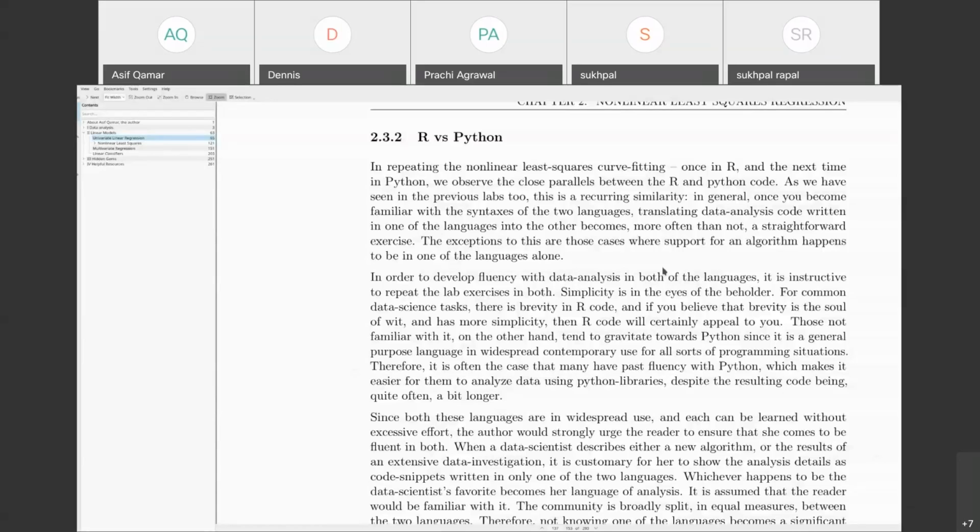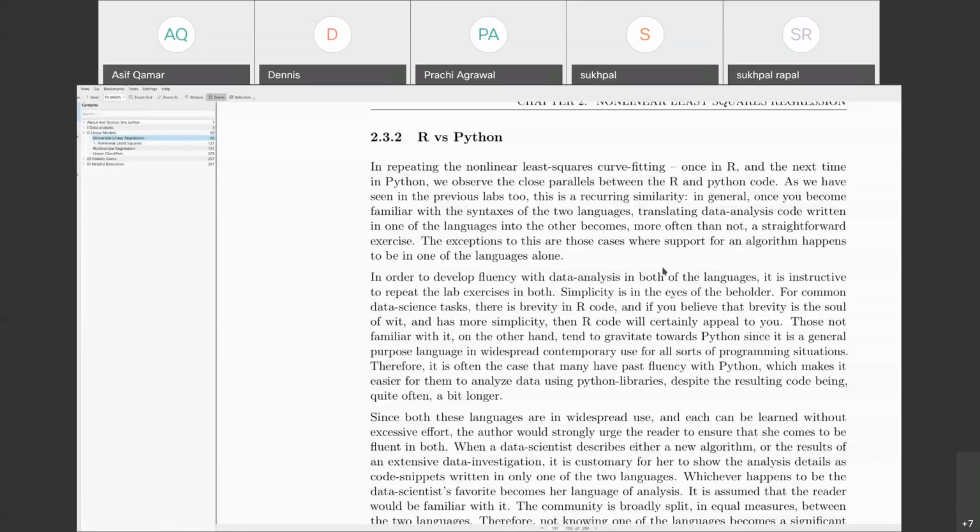Simplicity is in the eyes of the beholder. For common data science tasks, there is brevity in R code. And if you believe that brevity is the soul of wit and has more simplicity, then R code will certainly appeal to you. Those not familiar with it, on the other hand, tend to gravitate towards Python since it is a general purpose language in widespread contemporary use for all sorts of programming situations.